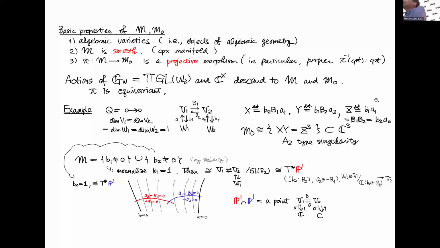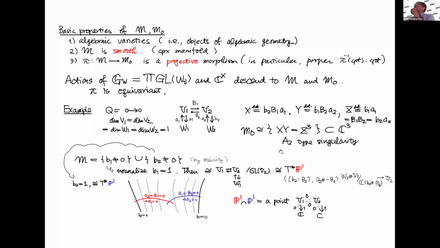So it means that you get Z to the 3, right? XY is equal to Z to the 3. So X, Y and Z give an embedding of this categorical quotient into a three-dimensional vector space. But in this case, it's not the whole three-dimensional vector space. The equation is just given by xy equals z^3, and this equation gives a hypersurface in the three-dimensional vector space.